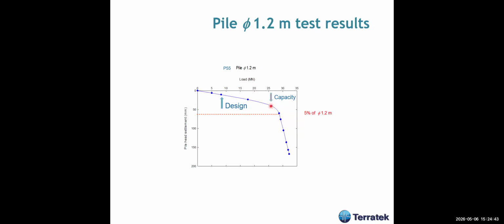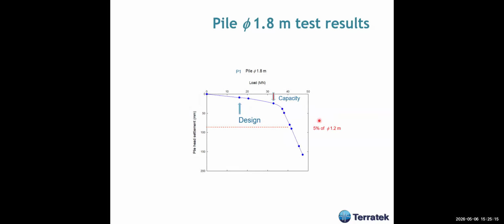Up to this value, the loading is about 20-something meganewtons. Soon after, the displacement increased a lot, so we can consider the capacity to be this value. And here was the design. As you see, it's much safer. Also, the maximum displacement is less than 5% of the diameter, which is also a criterion for you to accept the pile. So this pile was very good.